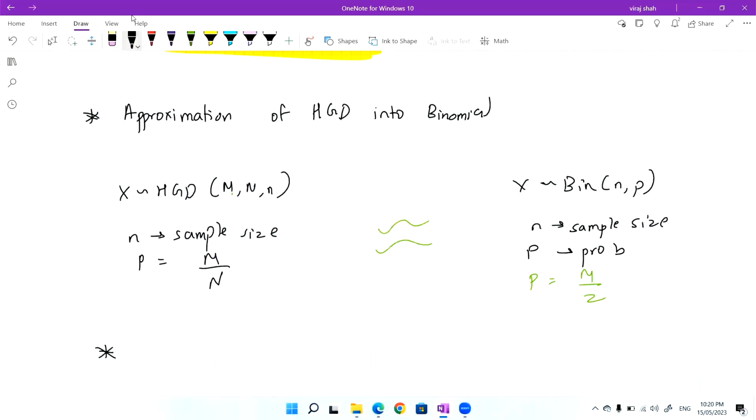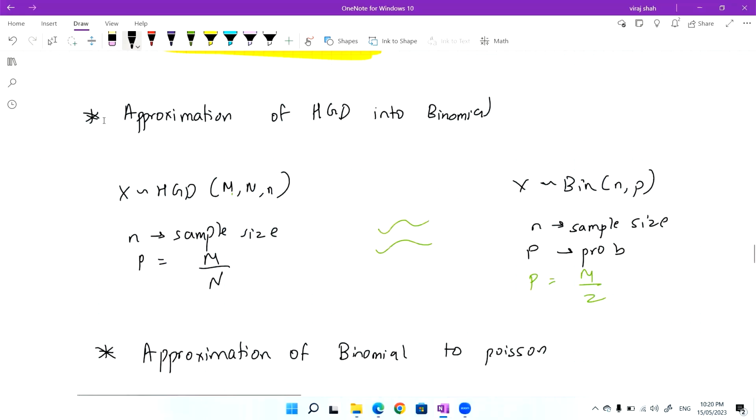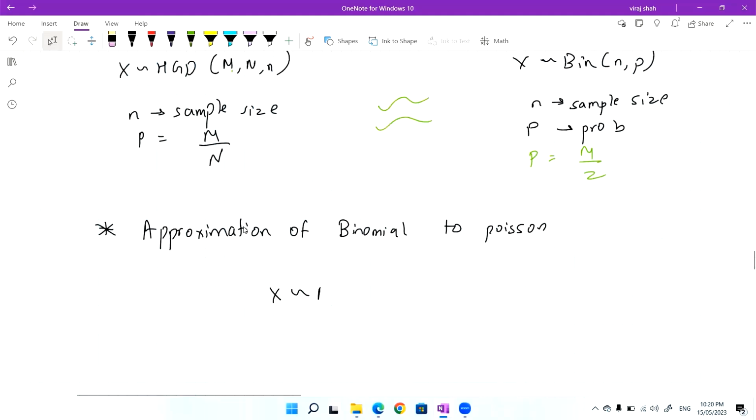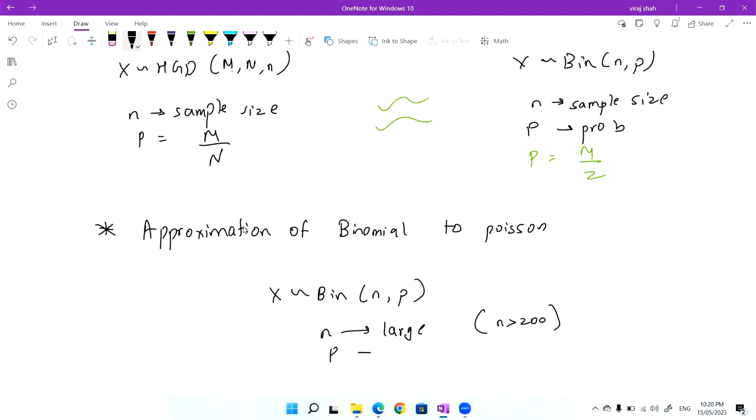Second thing I wanted to discuss is binomial approximation: approximation of binomial into Poisson. So if your x follows binomial distribution with parameters n and p, if your n is quite large, so when I say large, n is greater than 200, and your p is quite small, what do I define small?